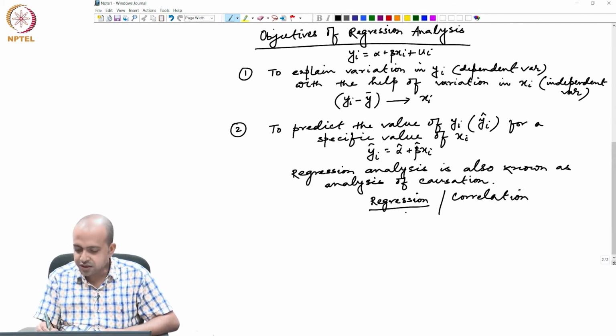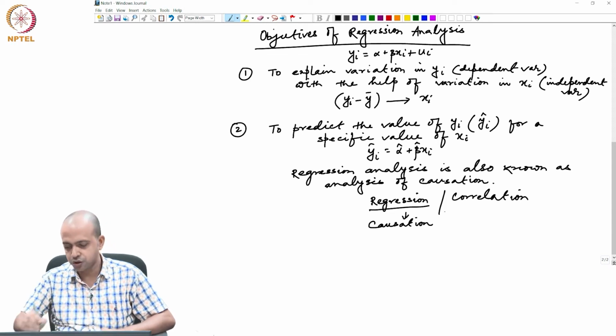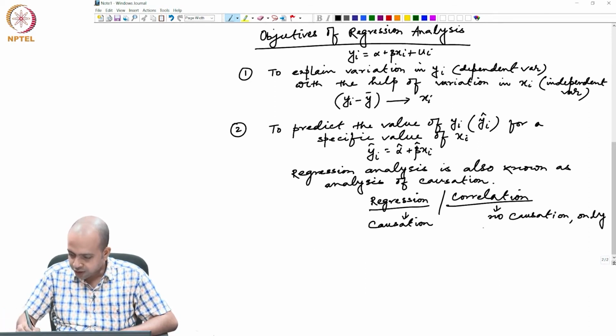Regression analysis, as I told you, is a causal relationship, or causation. But in correlation, there is no causation, only a degree of association.